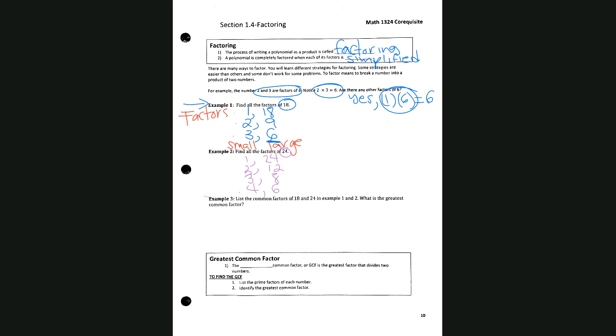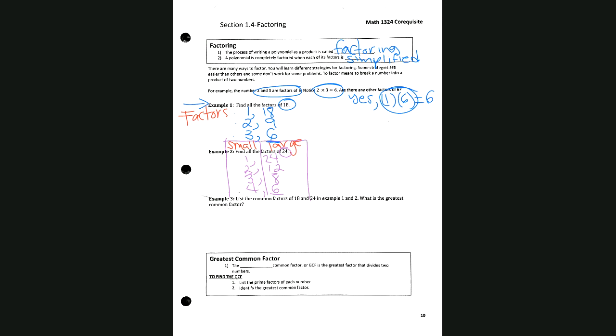The next number to check will be 5, but 24 is not divisible by 5, so the next one to check will be 6, which we already have here, then 8, then 12, then 24. Again, you can see that I listed my small factor and my large factor from left to right.